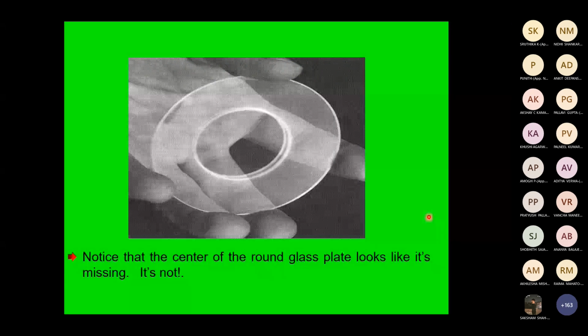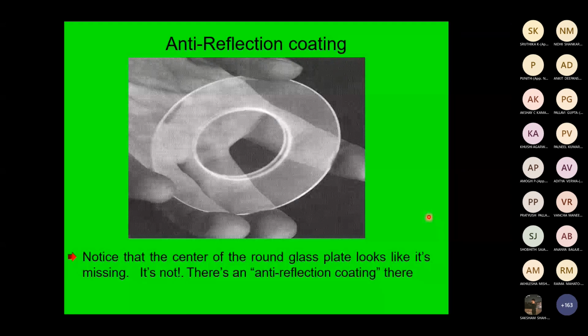Yes, yes. So please note, on a glass plate at the center there is an anti-reflection coating, and there is no coating on the other side. Because of the anti-reflection coating at the center, it looks as if the glass is missing, but actually it is not so, because you can see the glare on the other side, whereas at the center it's highly transparent. It ensures that most of the light which falls on the glass passes through it, not reflected back.